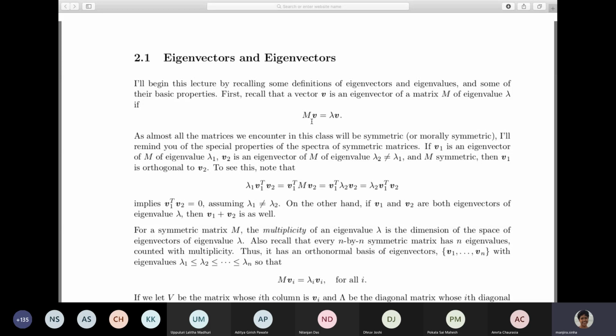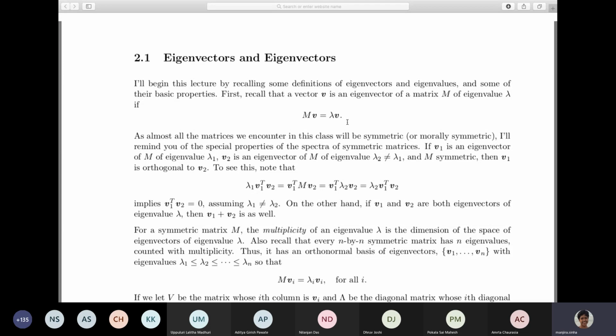And lambda is a scalar quantity, so a scalar multiplied with n cross 1 also gives n cross 1, right? So the dimensions are equal on both sides, and that is how an eigenvector and eigenvalue of a matrix is defined.